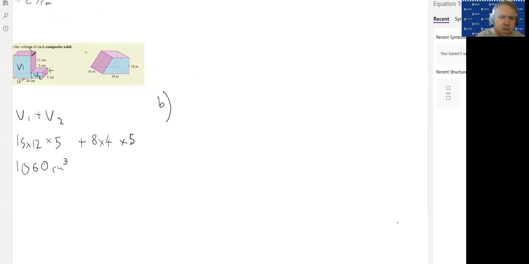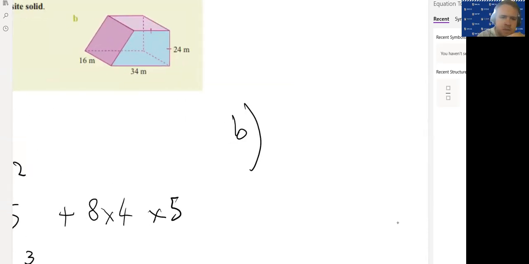Okay, for part B, we've got a few different ways we can do this. I'm going to zoom in a bit and split this down so it becomes a square and a triangle. So what I need to do is work out the dimensions that I'm missing here. So we know that this top part is 24 as well because it's the same as the height of this dimension here.